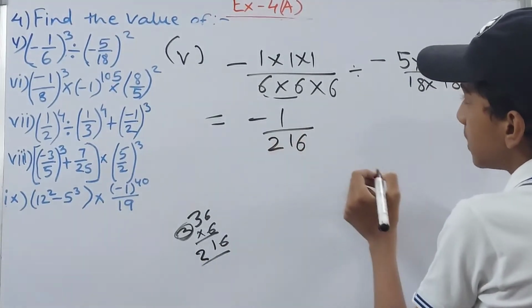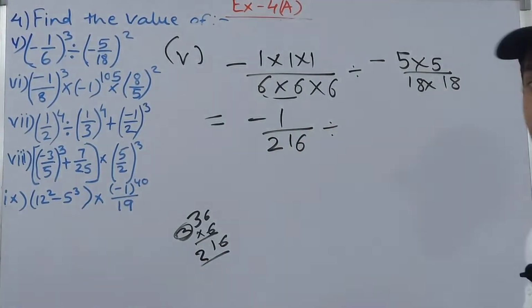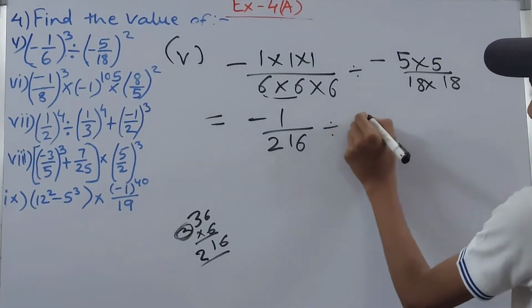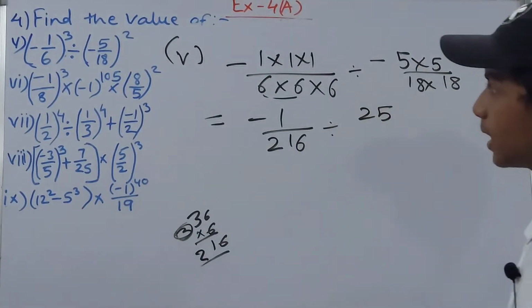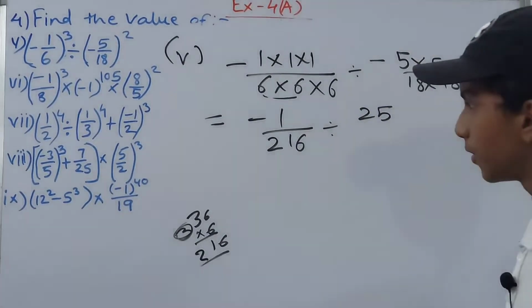So 216 divided by, and here 5 into 5 upon, so 5 into 5 is 25, and we will not put any minus sign because the exponent is even, right?